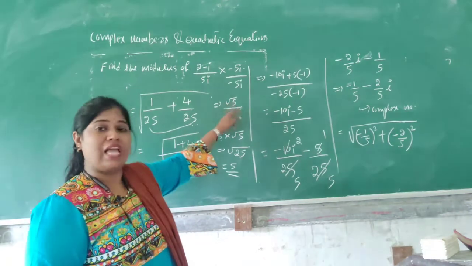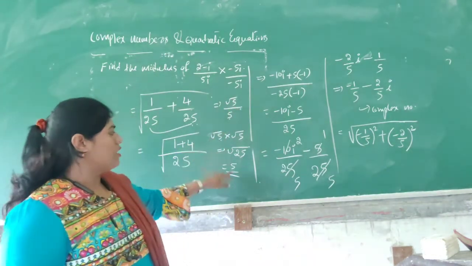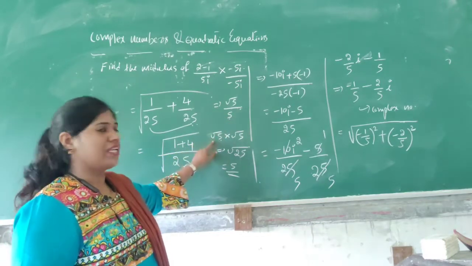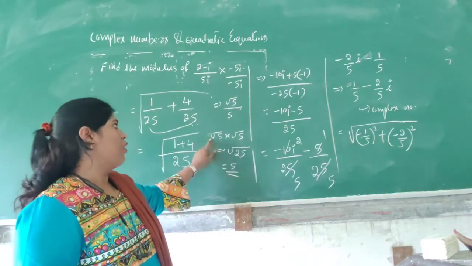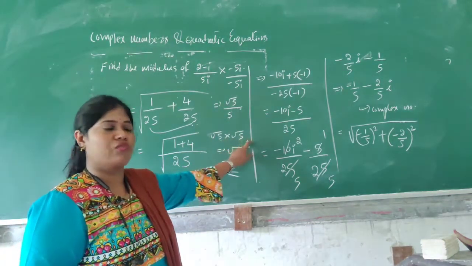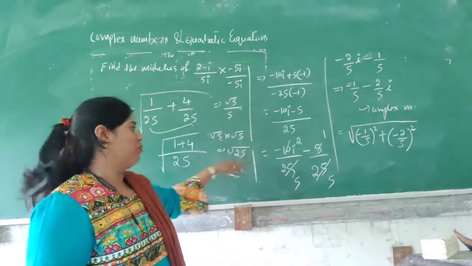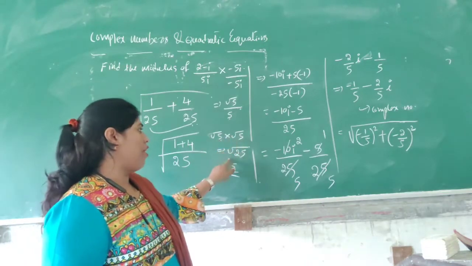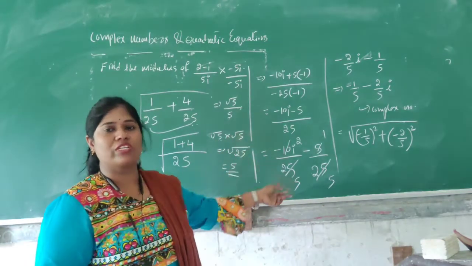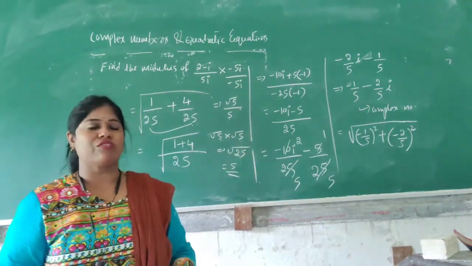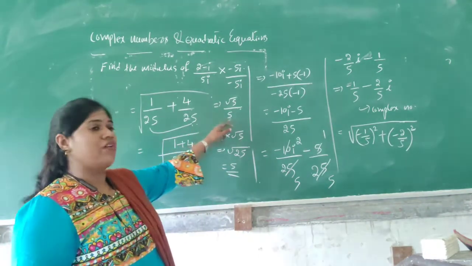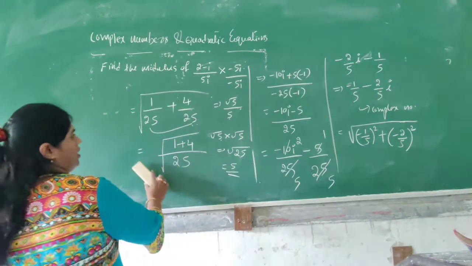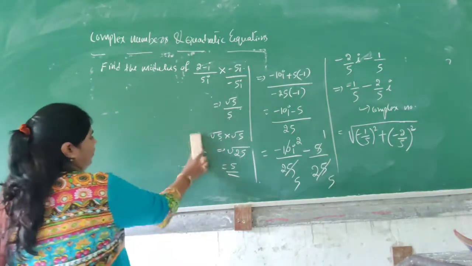It is nothing but the same, because after multiplying the roots, 5 5s are 25, and the square root of 25 is 5.